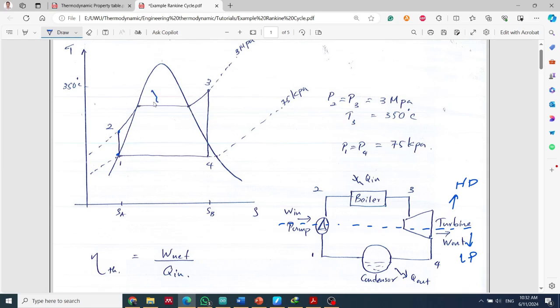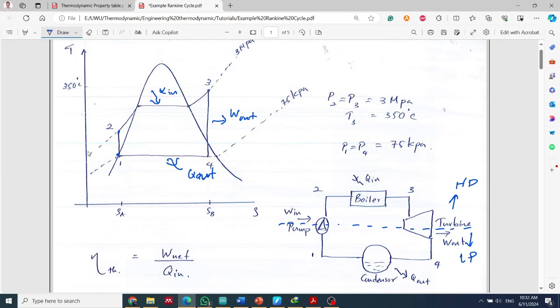Then 3 to 4 is the isentropic expansion in the turbine, where we get W out, work out. Then 4 to 1 is Q out, the constant pressure heat rejection. So we have isentropic compression, constant pressure heat addition, isentropic expansion, and constant pressure heat rejection.